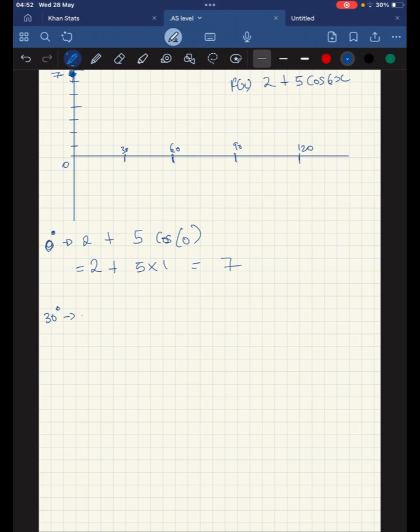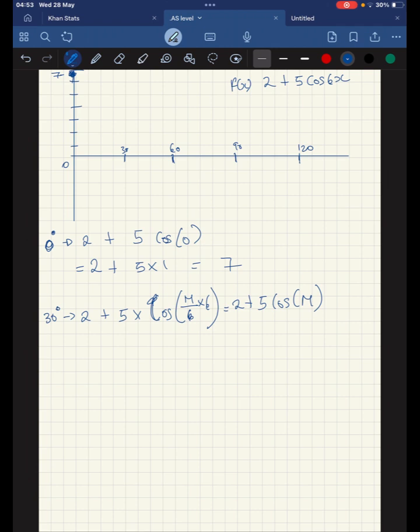Then we're going to go to 30 degrees, right? It's going to be 2 plus 5 cos of 30 times 6. Pi is 180, and 30 goes into 180 six times, and then times 6, that's going to give us 2 plus 5 cos of pi.